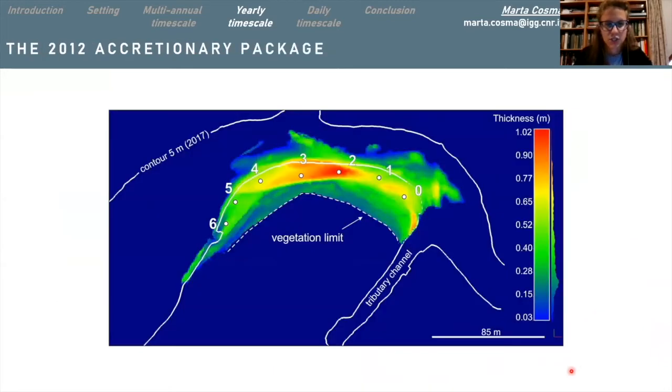This shows the thickness of the sediments accreted along the bar between March and November 2012, which are actually preserved in the stratigraphy. We call this the 2012 accretionary package. The accretionary package has an arcuate shape with maximum thickness preserved in the apex zone.